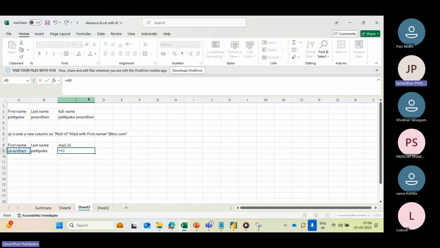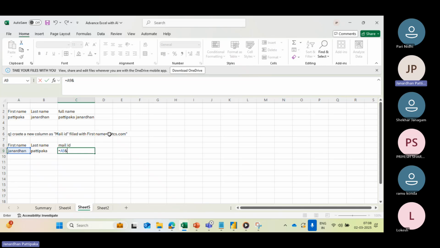And if you want to add anything else, you can use a symbol called ampersand. Now what do you want to add? I want to add at the rate tcs.com. So you are entering some new data manually. If you enter any new data manually in Excel, you should represent it with double quotation marks.